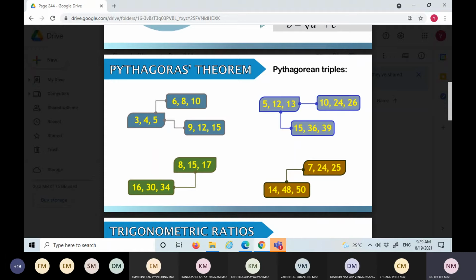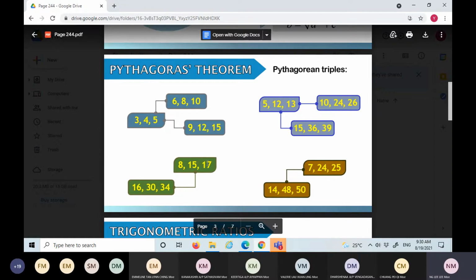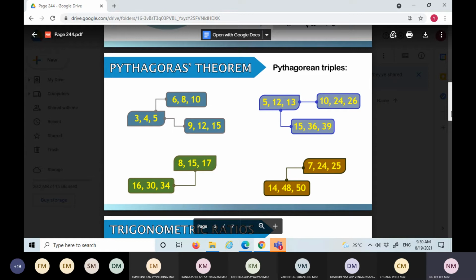Example, 3 times 2, this is times 2 of the 3, 4, 5: 6, 8, 10. And 3 times 3, this is times 3 of the basic 3, 4, 5: 9, 12, 15. Then the other ones are 5, 12, 13, and 7, 24, 25, and 8, 15, 17, and also the multiples of these. This is a Pythagorean triple.